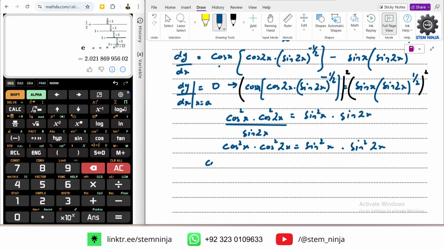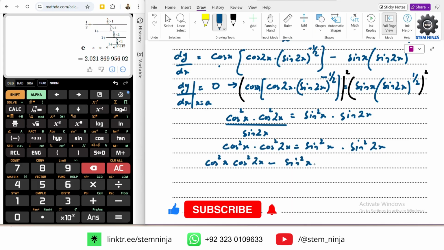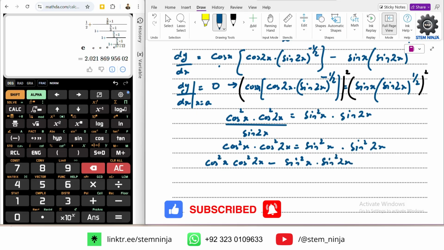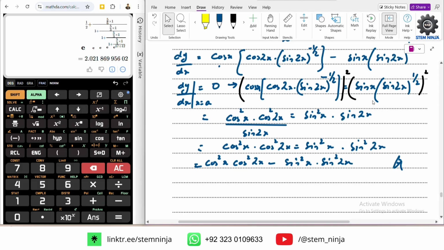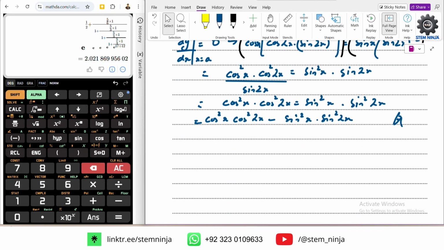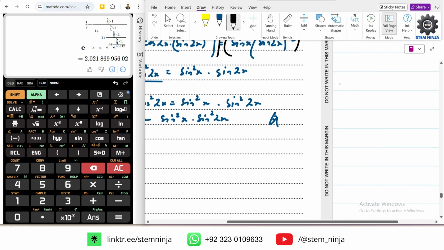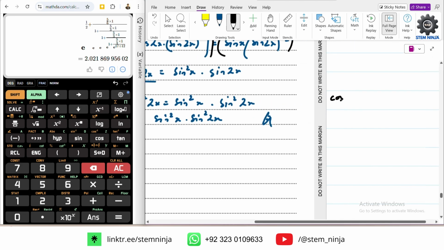Okay. If we bring them all on one side, so cos squared x cos squared 2x minus sine squared x times sine squared 2x. So this is, notice, an identity, which is the compound angle identity, right? So this is, let me write over here. So this is basically like the cos A minus B identity.